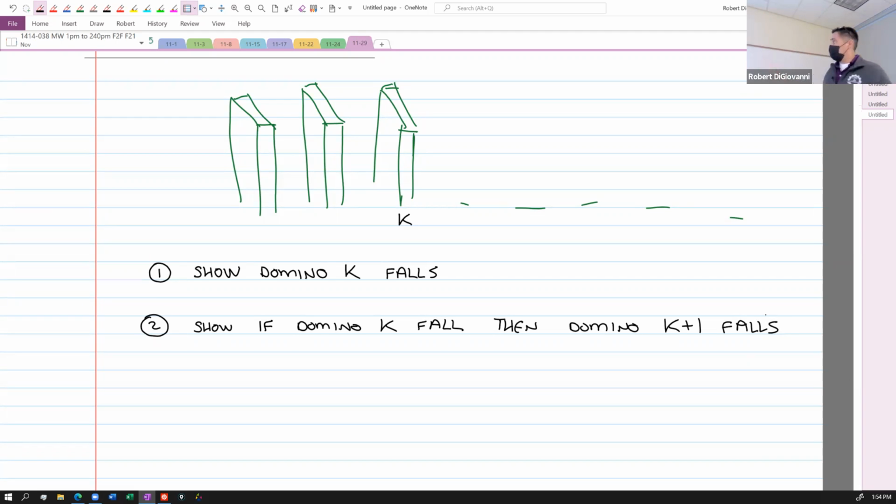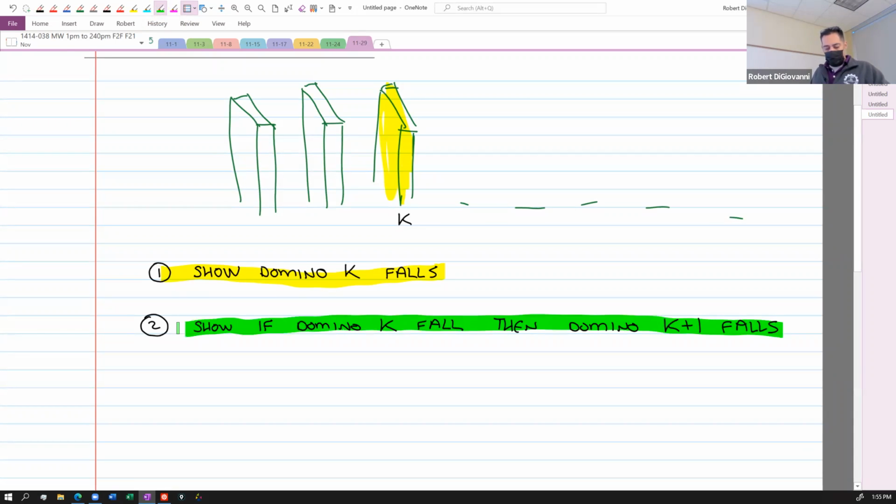So what do you think? If I can show you this first part, let's say that this one falls, right? That one falling doesn't guarantee me anything else. It's just that one falls. Great. But then I come and show you that if the K falls, then the one after it has to fall.